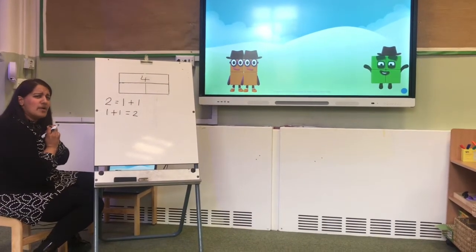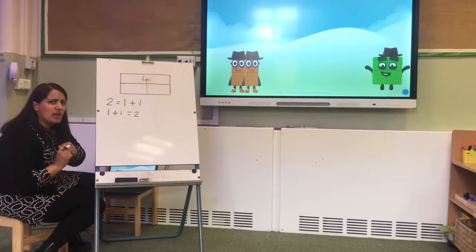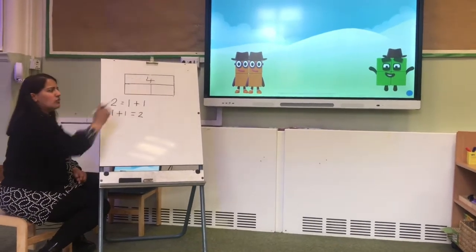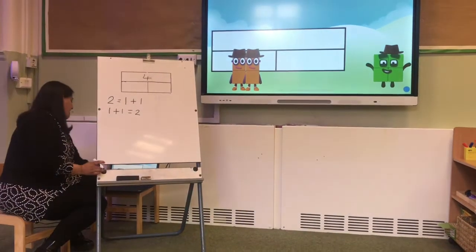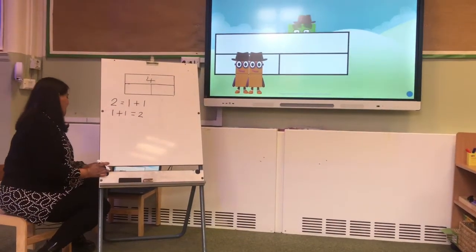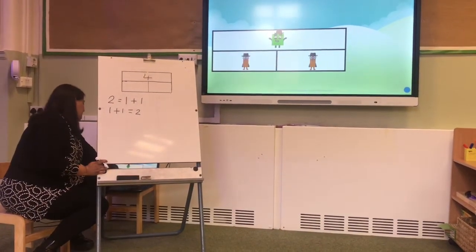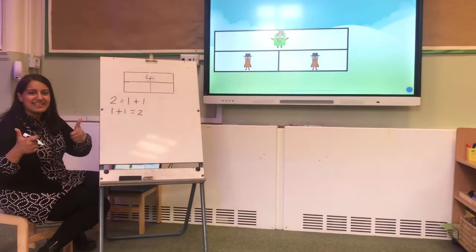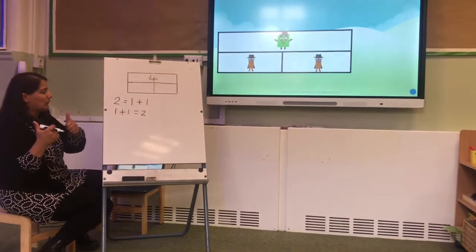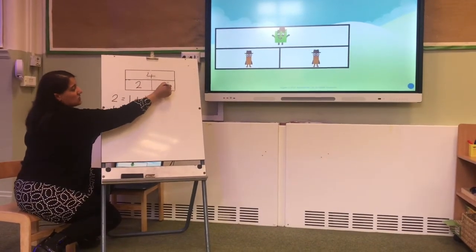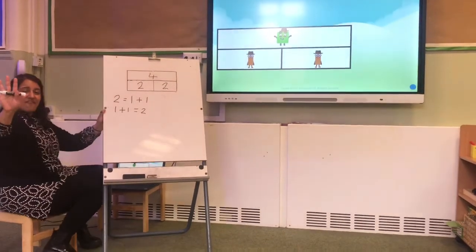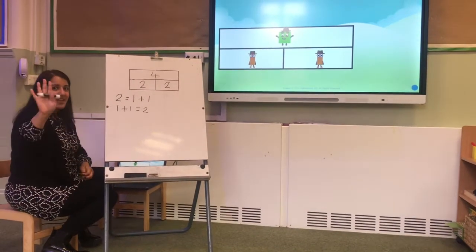Which number do we double up to get to 4? The clue is on the board. Keep looking. Fantastic. 2. So 2 add 2 gives us 4.